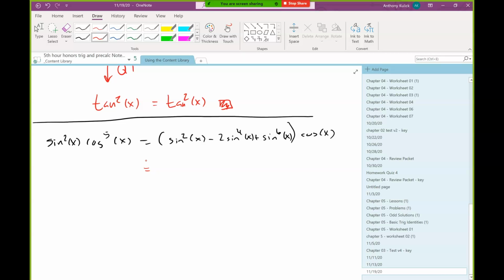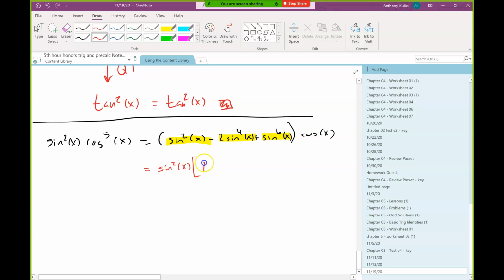So the first thing I'm going to do is look for, is there any algebraic thing to do? So if I look at this big quantity here in the parentheses, I have sine squared minus 2 sine to the 4th plus sine to the 6th. I notice there that I have a greatest common factor of sine squared.